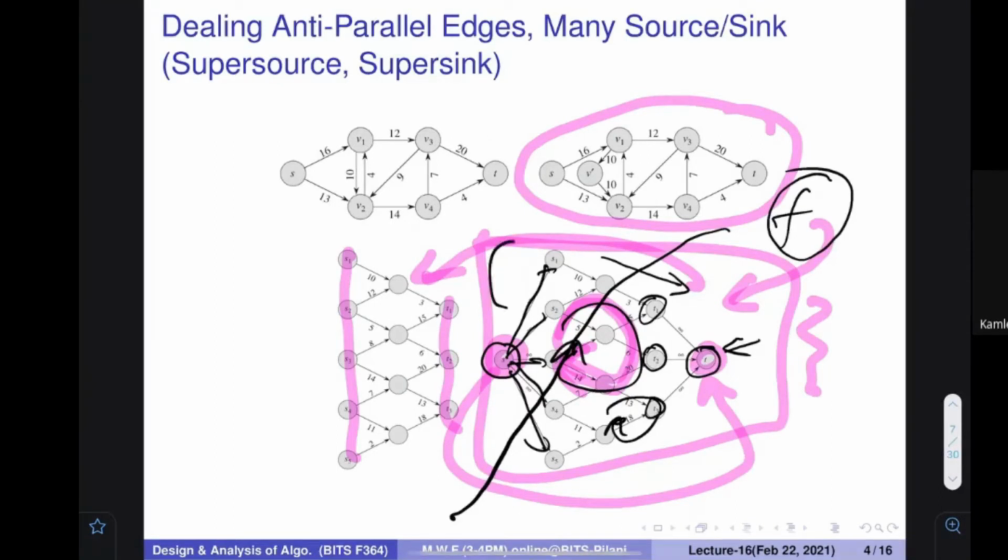If here is a cycle, then it is also not going to cross my border. But if, for example, this is a circle, and I cut using my border, then whatever amount is coming in is also going out. So they nullify each other. Ultimately, our objective is to push the flow from S to T, and therefore having a cycle is not going to have any kind of bad effect.